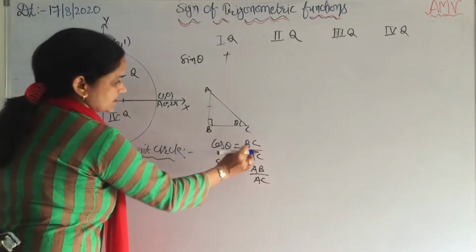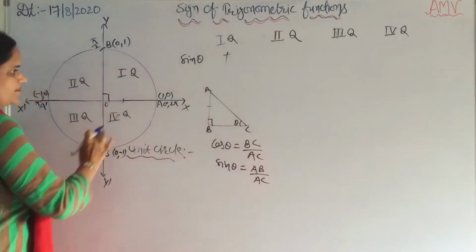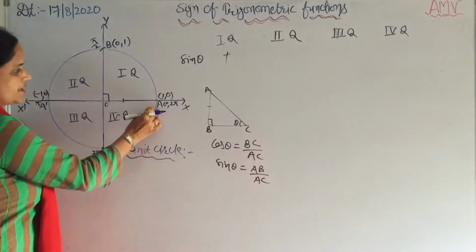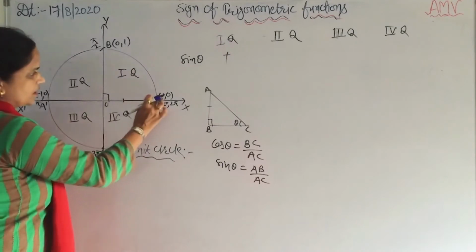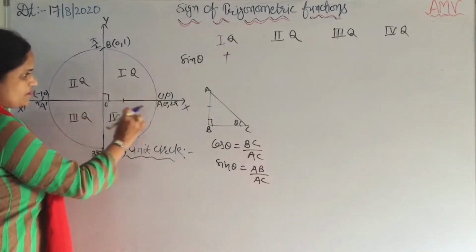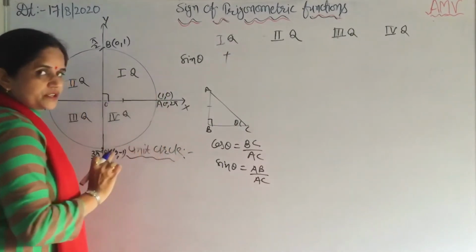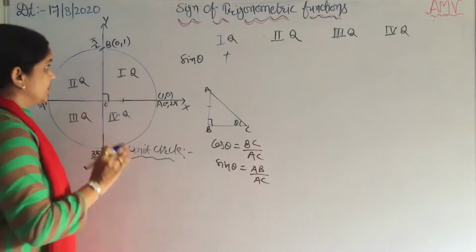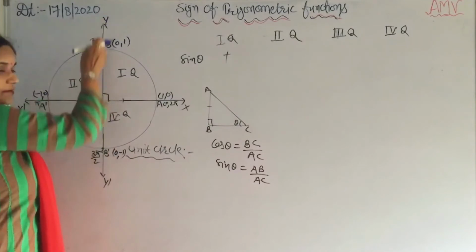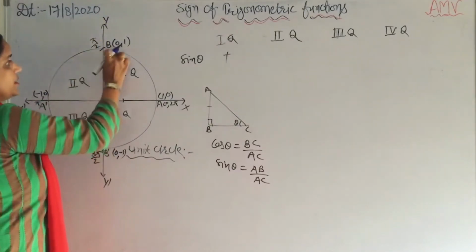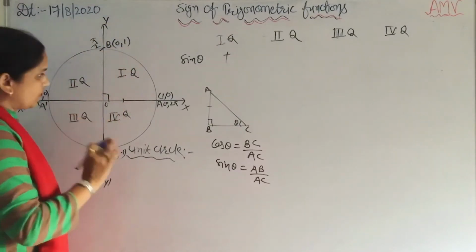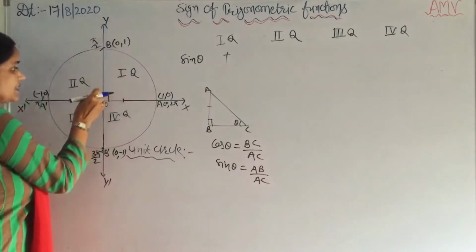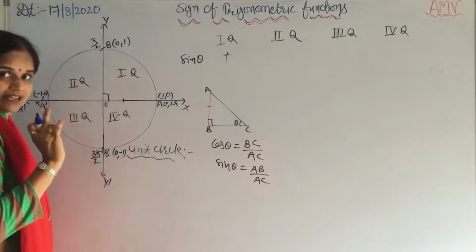the cos theta. Here you see that the coordinate of point A is (1, 0). It means the value of cos 0 is 1 and the value of sine 0 is 0. At point B, the coordinate is (0, 1), and this is the positive y-axis.